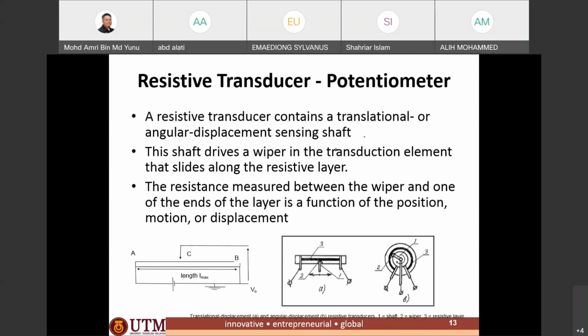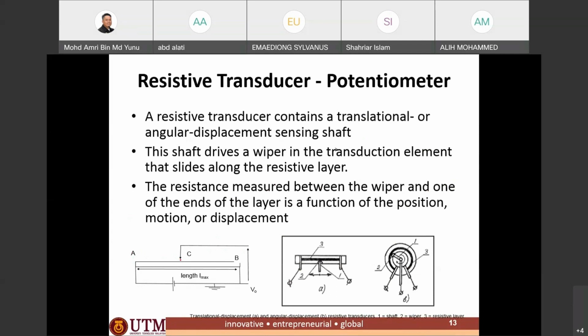There are basically 3 points on the resistive transducer, as we can see in the figure: point A, C, and B. C is the moving part of the resistive transducer, called the wiper.